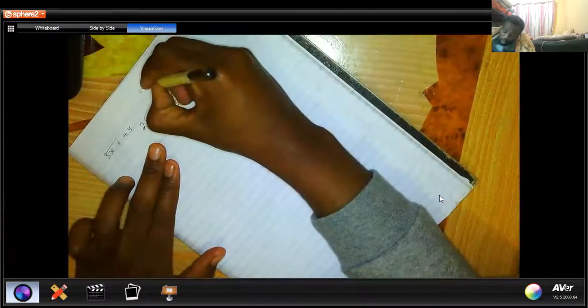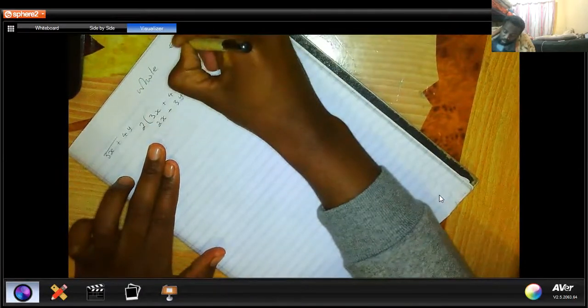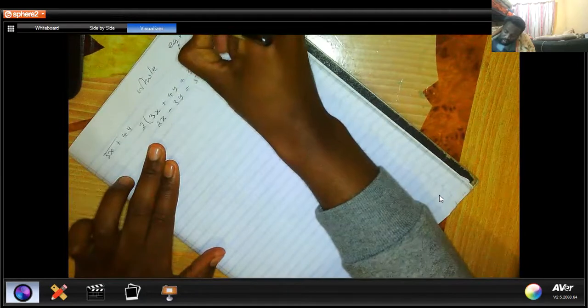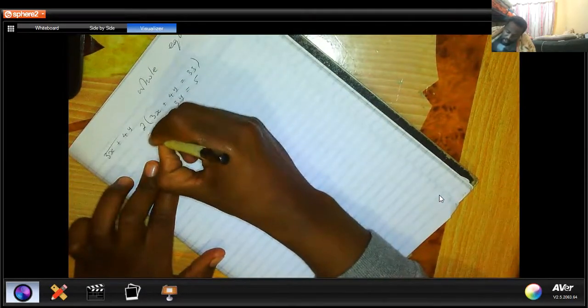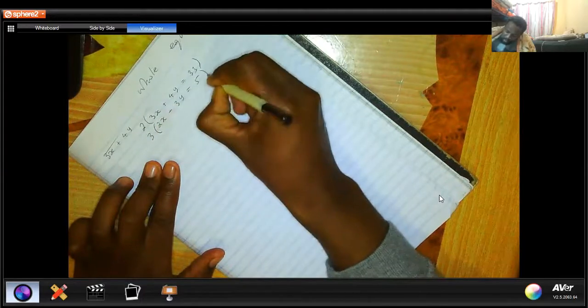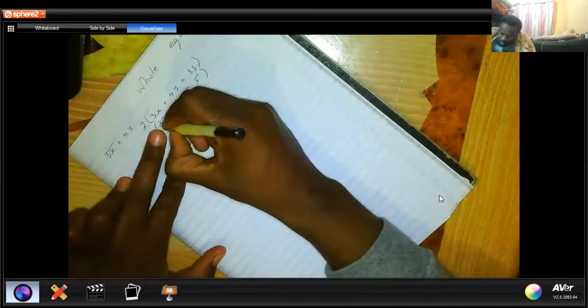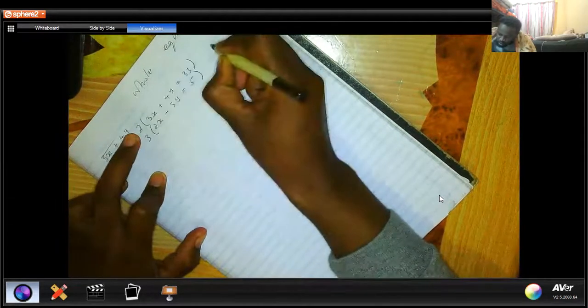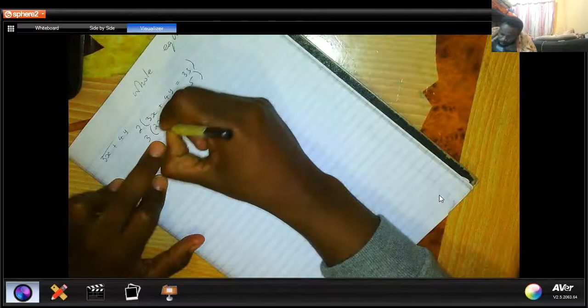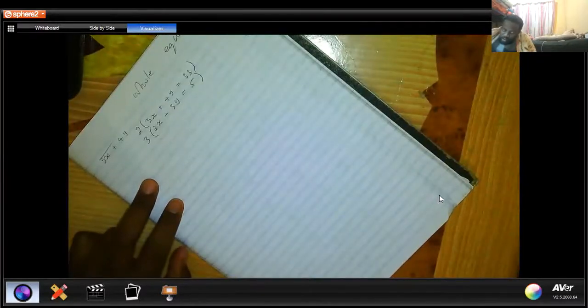You multiply the whole equation. And then you take the coefficient here, you multiply. Forget the signs at the moment. You take the bottom, you multiply at the top, you take the top, you multiply at the bottom, if we are trying to remove x.